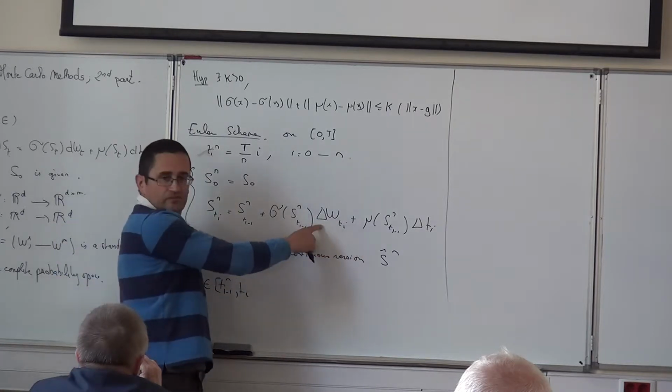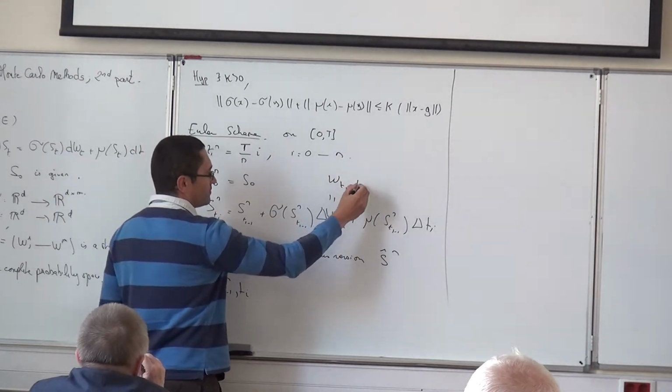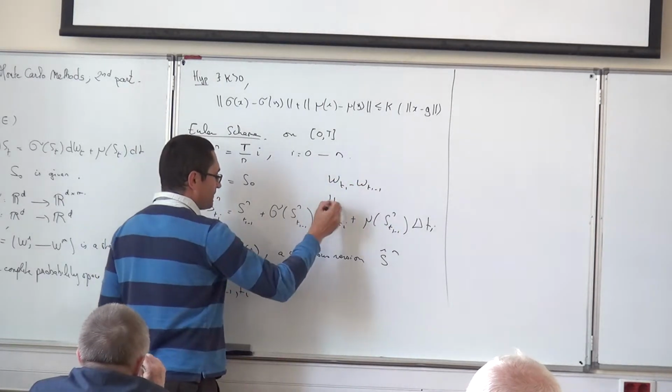Of course, you know this notation: this is the increment W_{t_i} minus W_{t_{i-1}}.